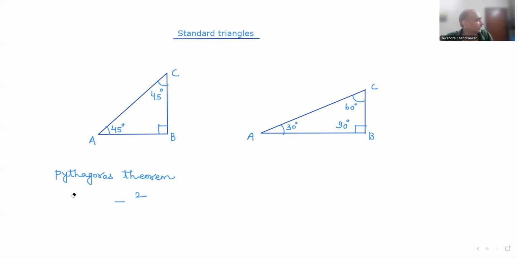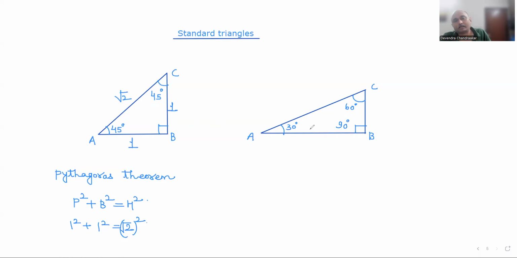So I'll write it here: P square plus B square is equal to H square. Now pay attention. The side measures are 1, 1 and root 2. How will you get root 2? Using this: 1 square plus 1 square is equal to root 2 ka square, right?